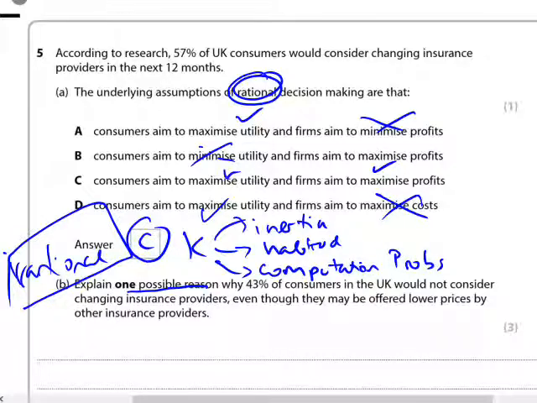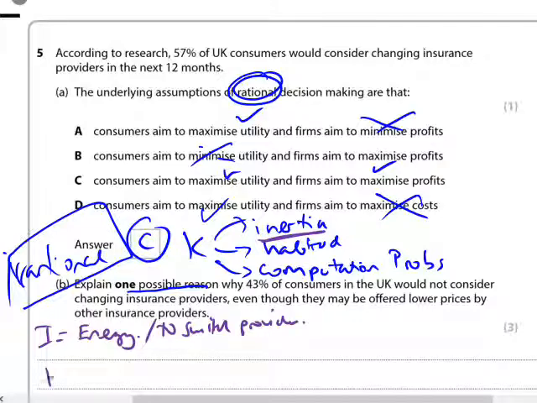In the case of inertia, the word inertia itself just means continuing with what you're doing. So if it's inertia, it's because people don't have the energy or the inclination to move to a different provider. So they just continue, and the application mark there would be the energy to change or to switch provider.